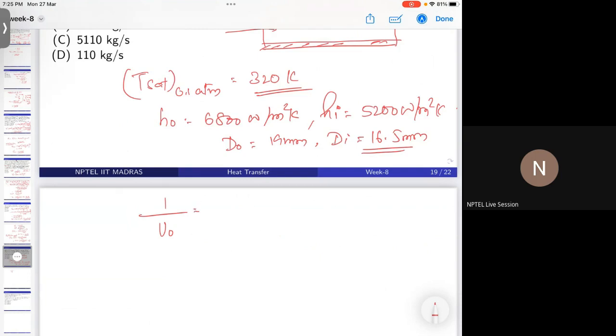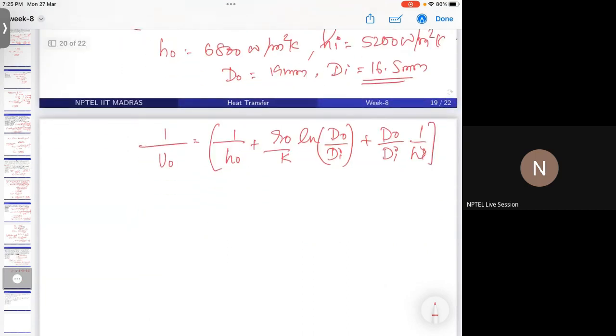So 1 by UO is equal to 1 by HO plus RO by K, ln DO by DI, plus, this can also be DO or RO because it's a division, 1 by HI. So this is the resistance network.